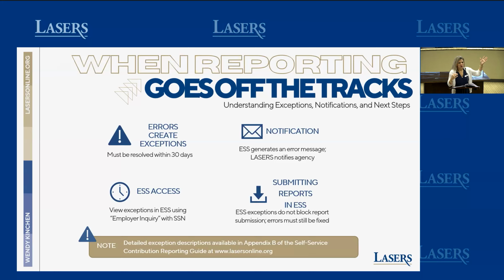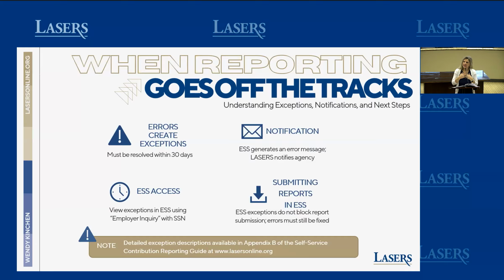So we saw some of the common errors, but let's talk about what happens when an error occurs. An exception is created in employer self-service. You will receive notification in employer self-service that the exception was created.